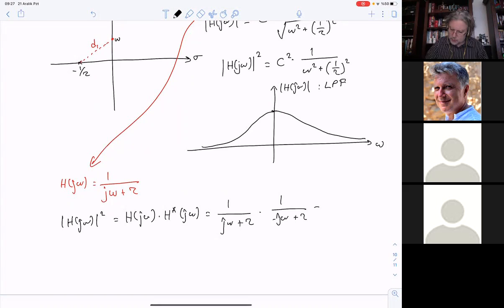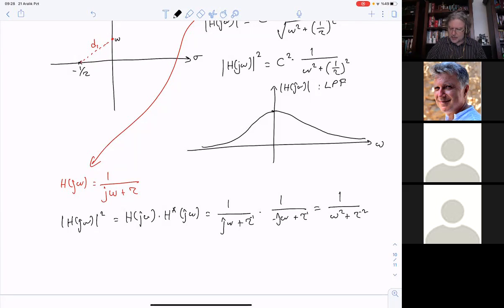If I make this multiplication, it's going to give me 1 over omega square plus tau square. 1 over tau, this is tau to the minus 1, excuse me, tau to the minus 2. So let me correct myself like this.